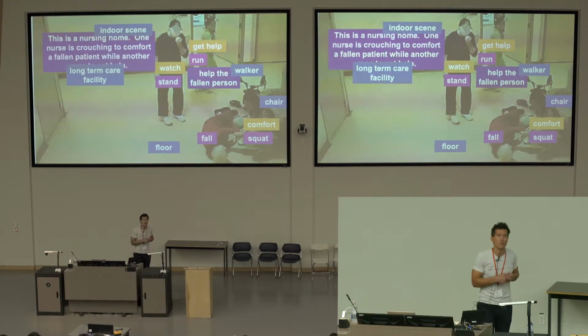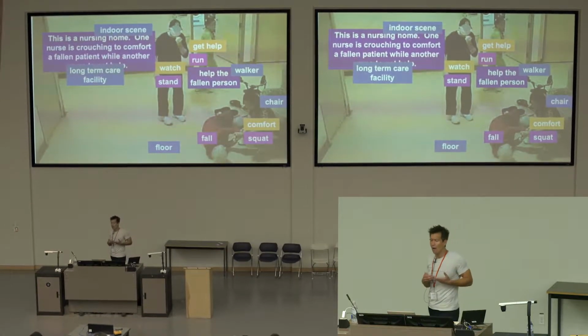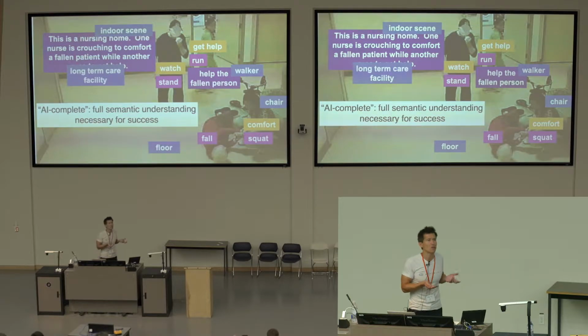That's really not enough to understand what's happening in a complex scene such as this one. We really want to try to address all of these things, and all of these things are interrelated. Essentially, we're trying to solve entire AI problems around fully understanding what's happening in a scene, being able to describe it, answer questions, and characterize it at multiple levels of detail.